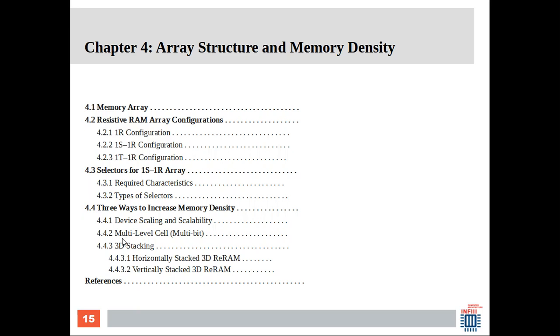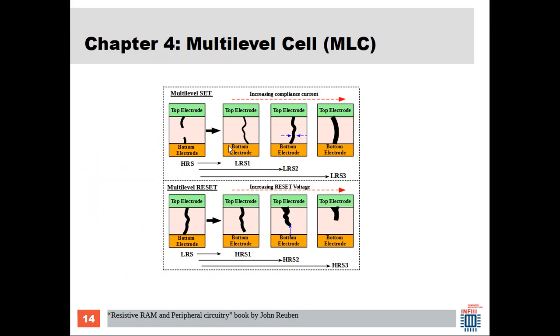to increase memory density. One is by scaling, the other one is by multi-level cell. So in multi-level cell, I discuss how from one high resistive state you could switch it to three different low resistive states, and this is by increasing the compliance current. So the transistor, you vary the gate voltage of the transistor and you have an increased compliance current, and it forms a thicker filament.